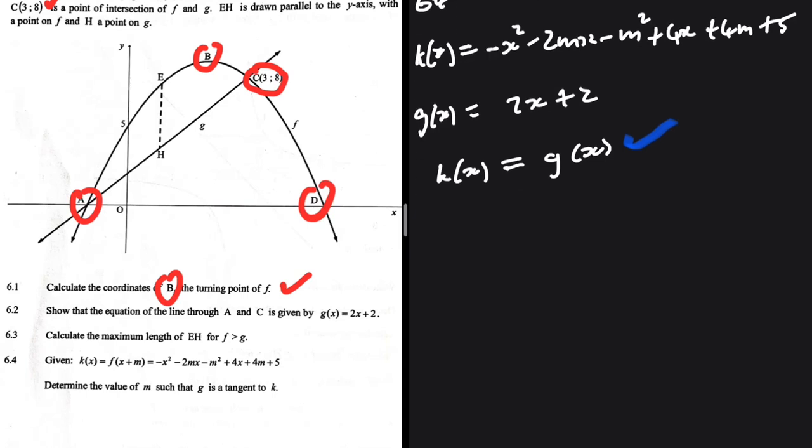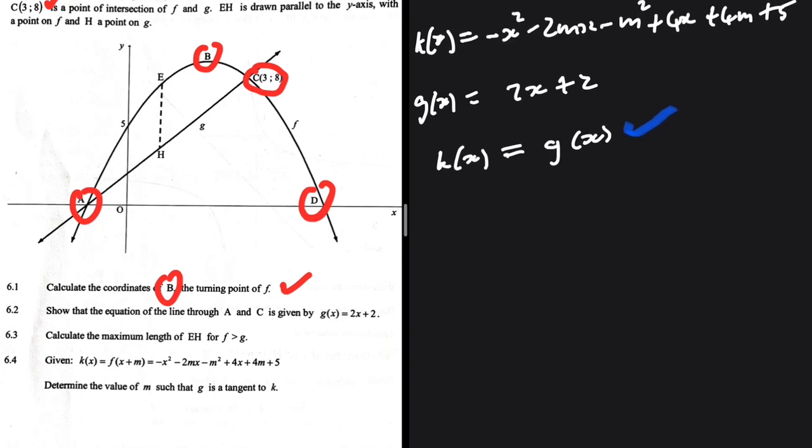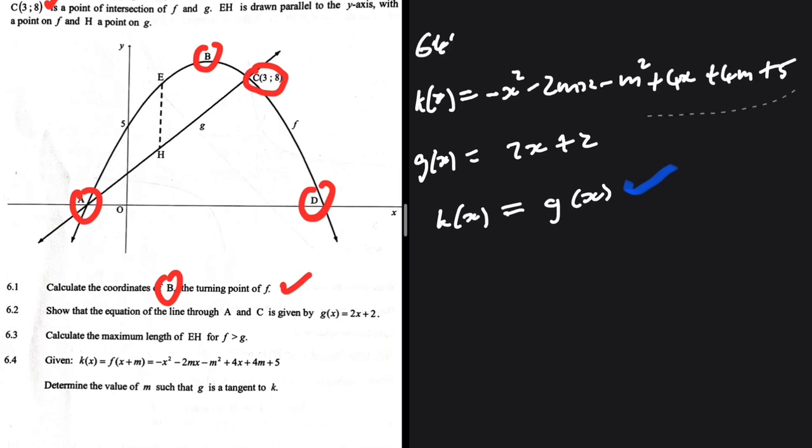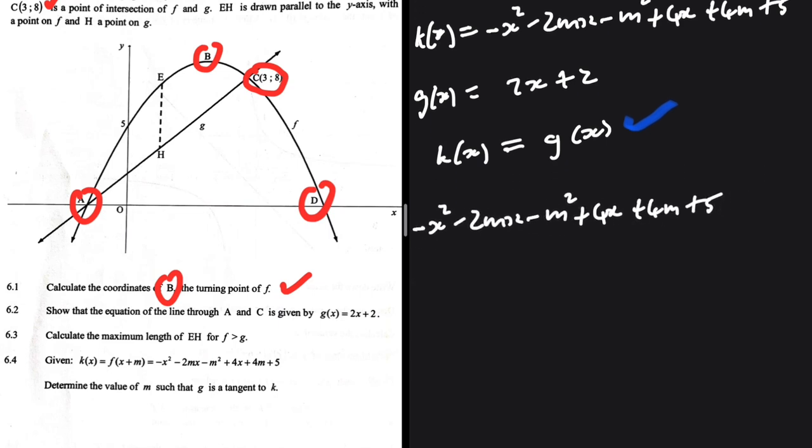So k of x is equal to g of x. What does that give us? Let me just copy k of x already because I have it, because it's quite long. I don't want to rewrite it. So this is k of x, and I want to duplicate it and put it here, and then I equate it to g of x, which is 2x plus 2.